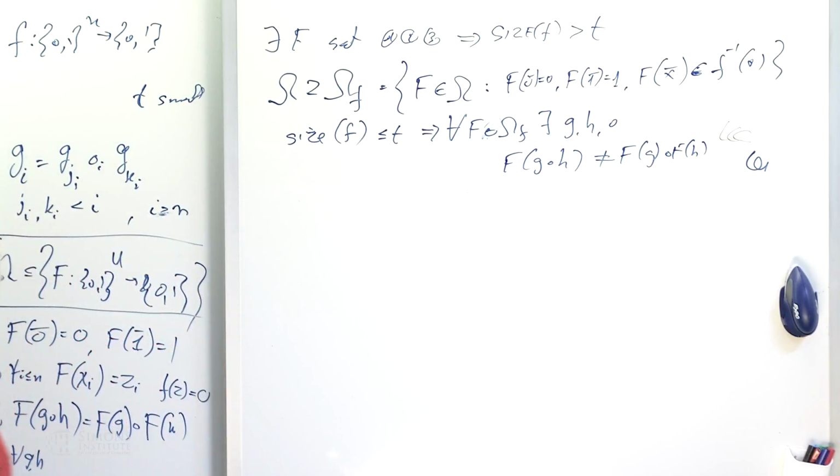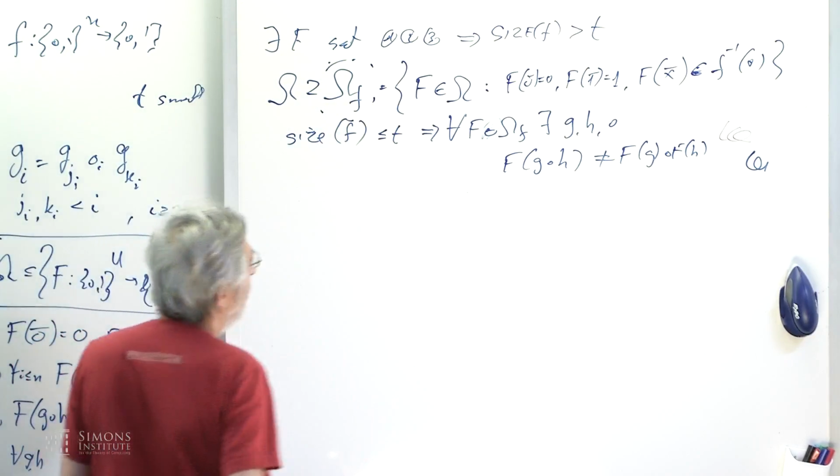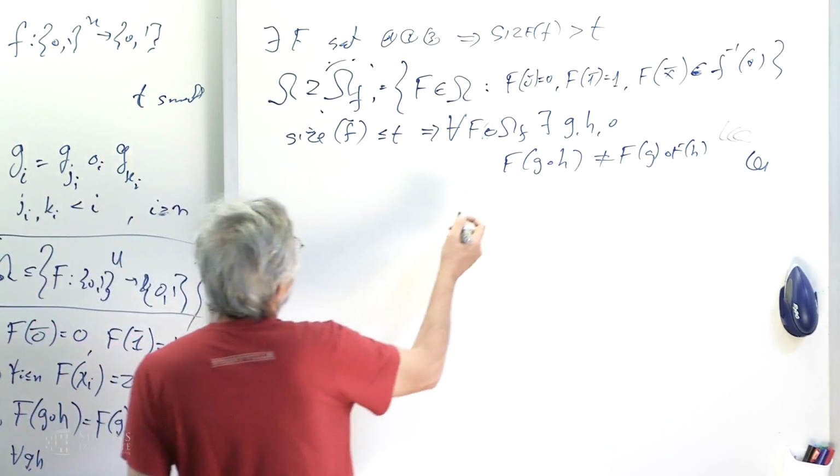So we can define a cover problem, where this space omega f is what we want to cover, and the subsets of this space that we want to cover it with are those sets.